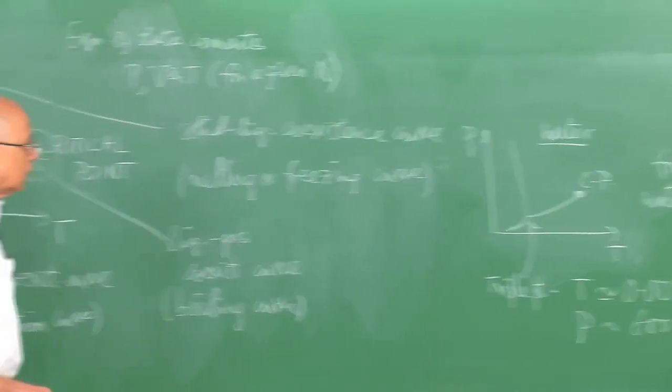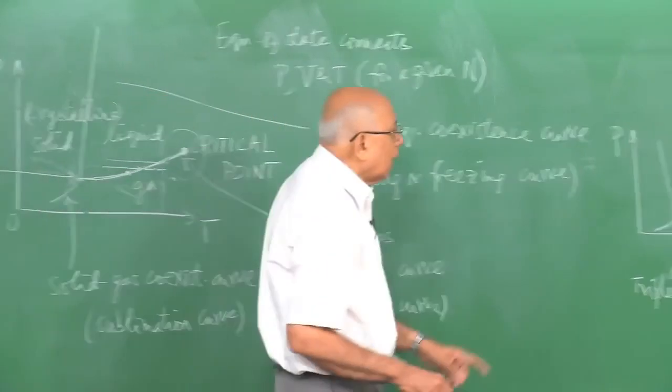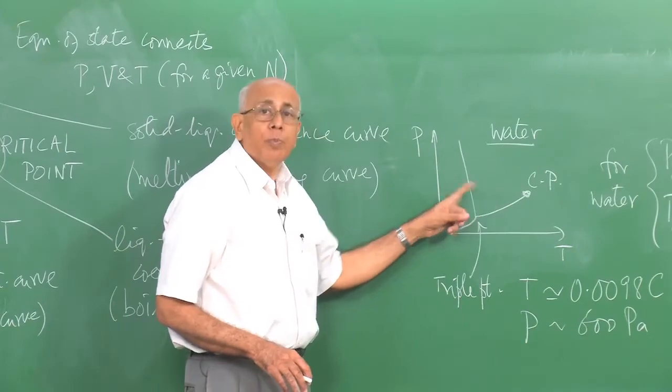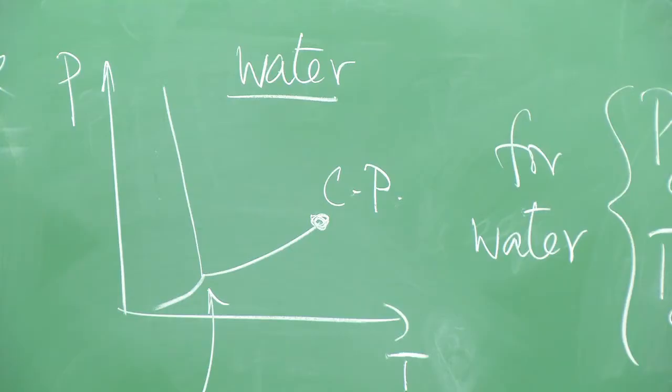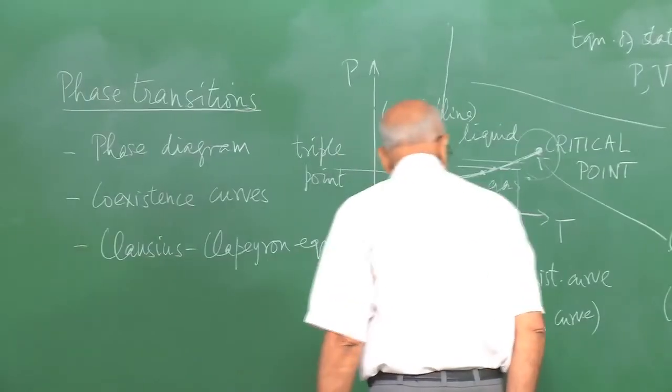So we will not discuss that, but now I would like to turn to what is meant by the slope of this curve here, and that is the Clausius-Clapeyron equation.